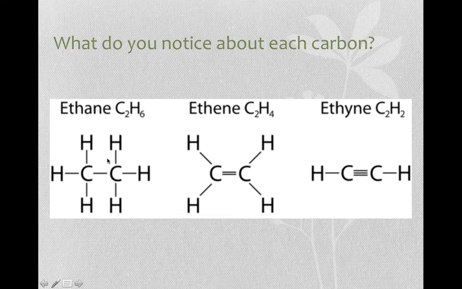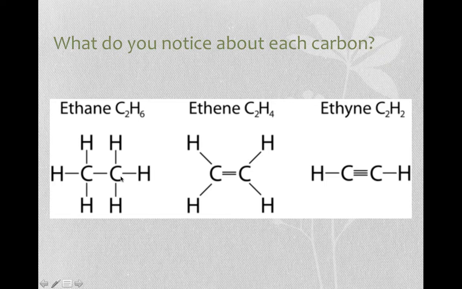So this right here, attached to this middle carbon, this is 1 bond. Over here, attached to the same carbon, this is a 2nd bond. Down here, attached to the same carbon, this is a 3rd bond. And then right here is a 4th bond. So this carbon, this one right there, has 4 bonds.